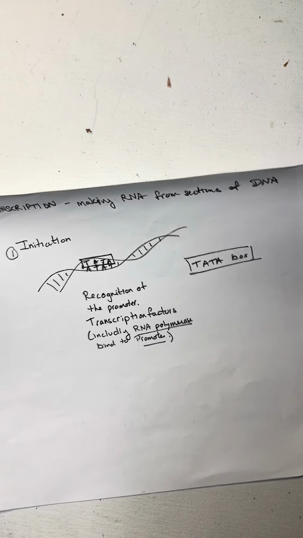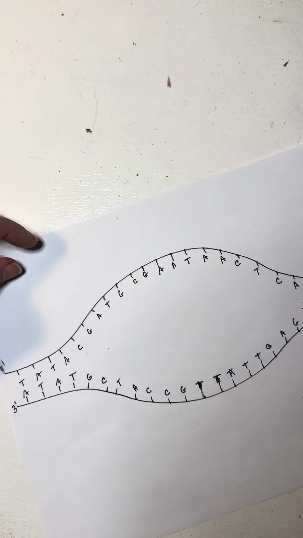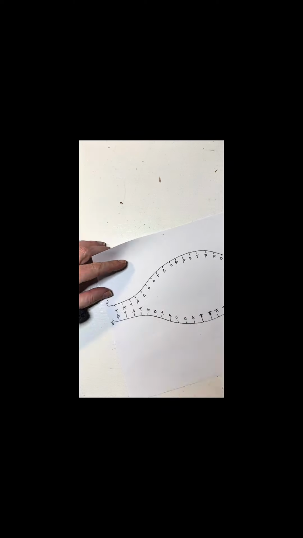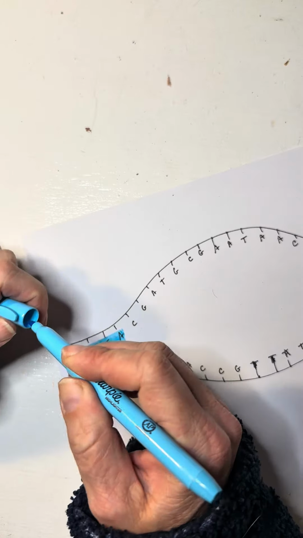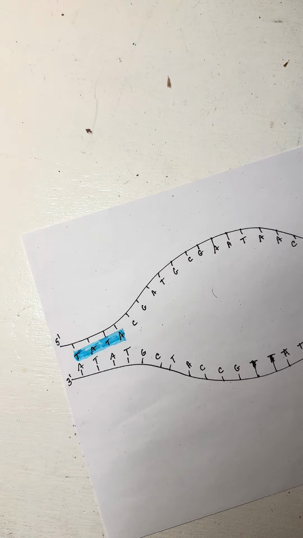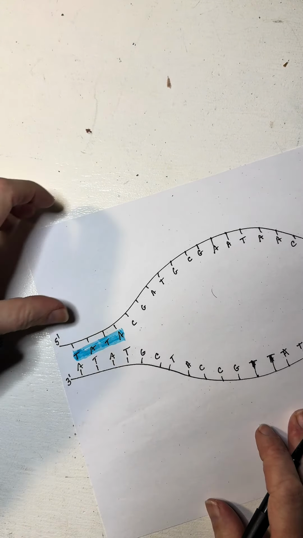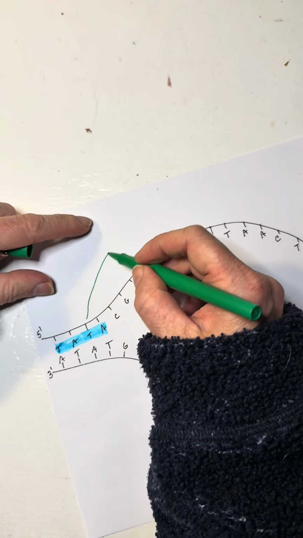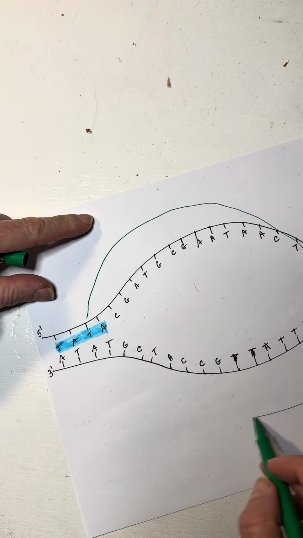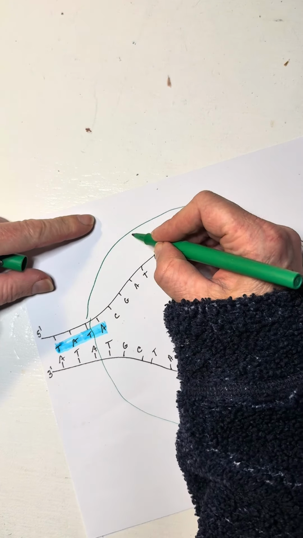Step 2, then, of our RNA transcription is now that we've recognized our promoter sequence, I've filled in the bases on this DNA and opened some of it up. And this would be happening with the help of a RNA polymerase, which I'll draw here in the background.